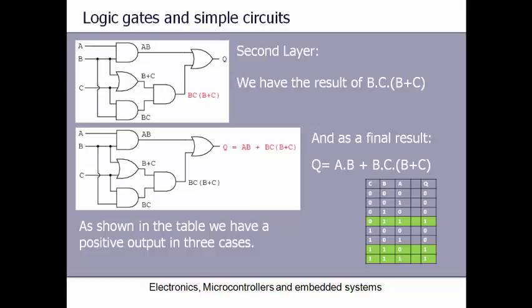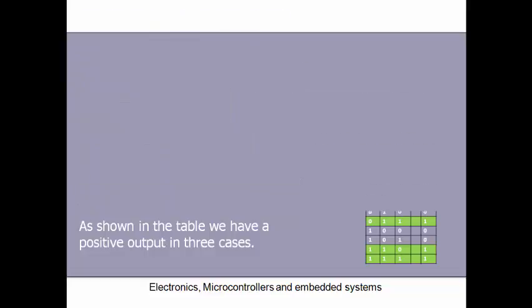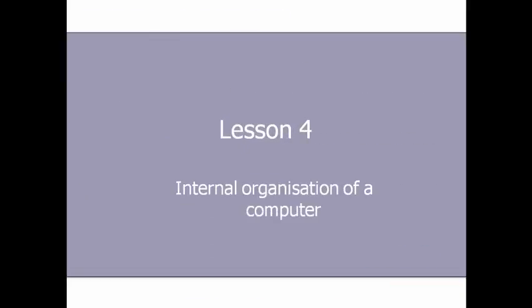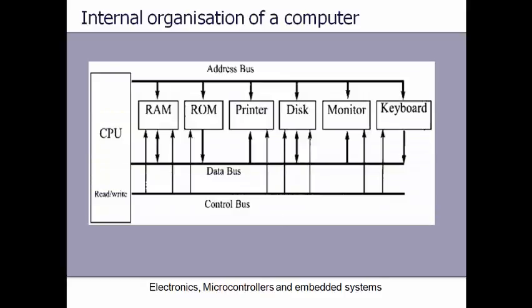And I guess this is all about simple circuit gates. And for now we will go to see what is inside the computer, because it is almost similar to what we will see in the future, microcontroller programming.